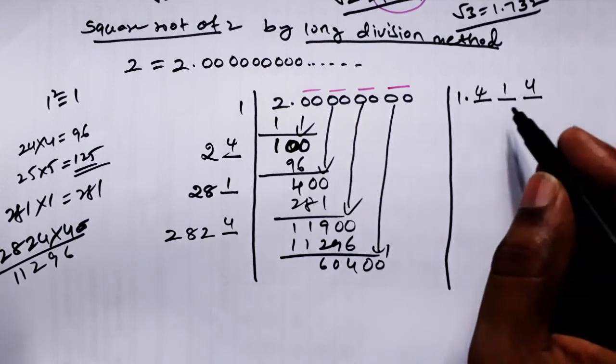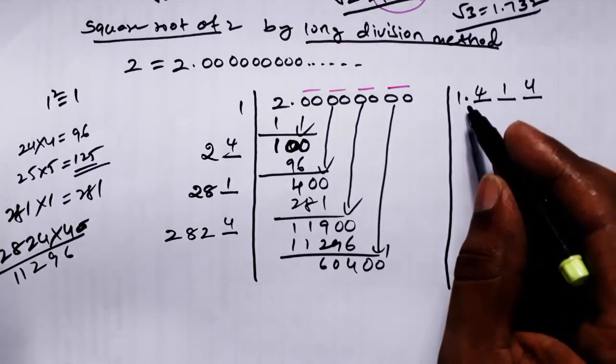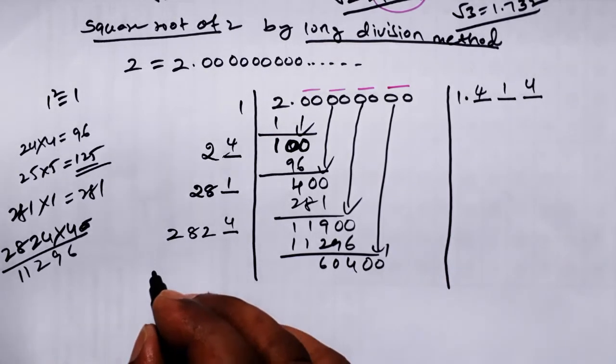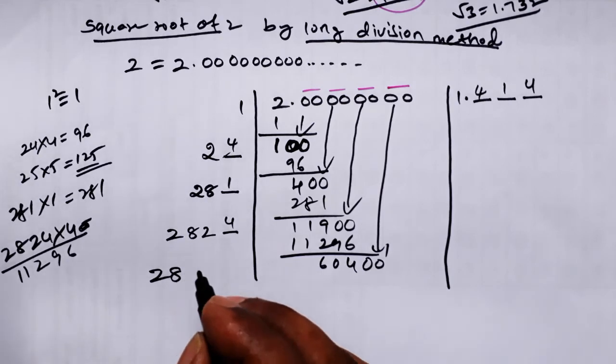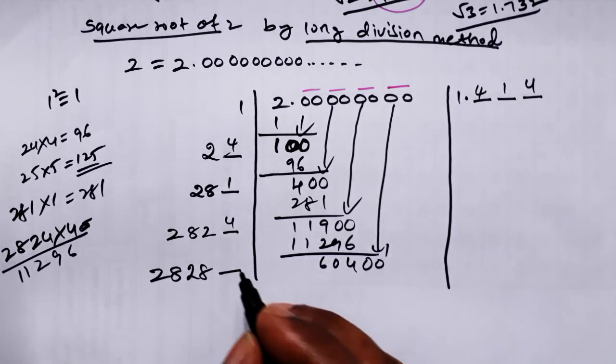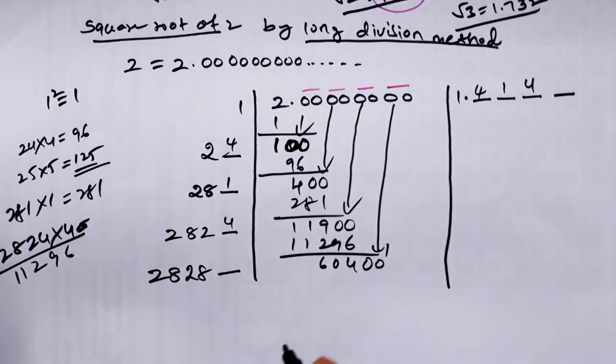Again the same process. We have the number 1414. What is 2 times this 1414? We get 2828. Then one digit, the same digit here. So I am taking 2.